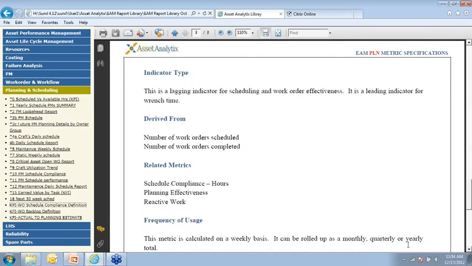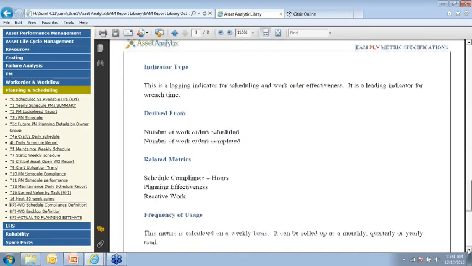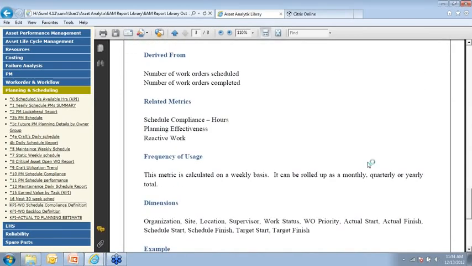And knowing those related KPIs is also good to know, because if you're investigating a problem, it will allow you to see what else needs to be seen along with that. Frequency of usage: maybe you have it weekly, monthly, however you think is important.